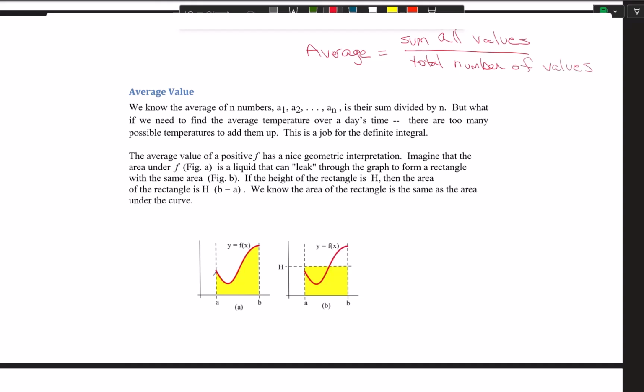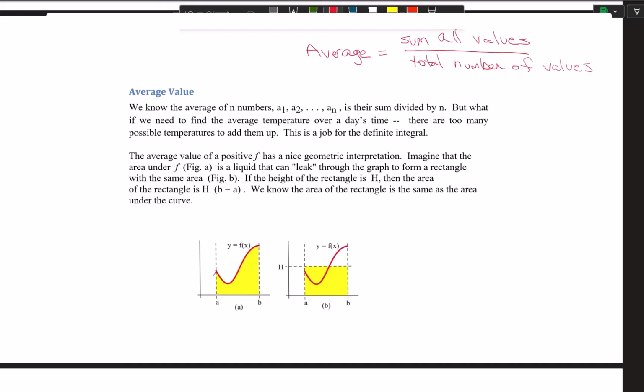Well, that's great, except if we're using integration, there's infinitely many values that we need to add up. For example, if we want to find the average temperature over a day's time, there are too many possible temperatures to add them up. This is a job for the definite integral.